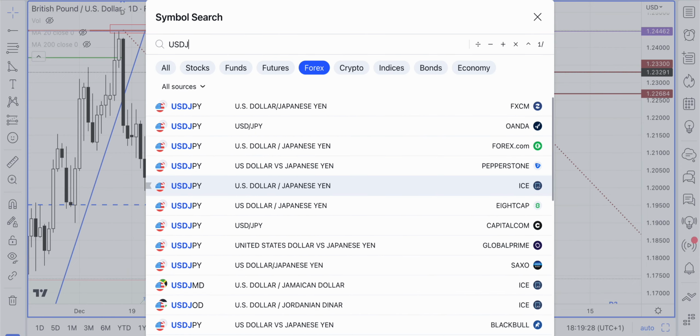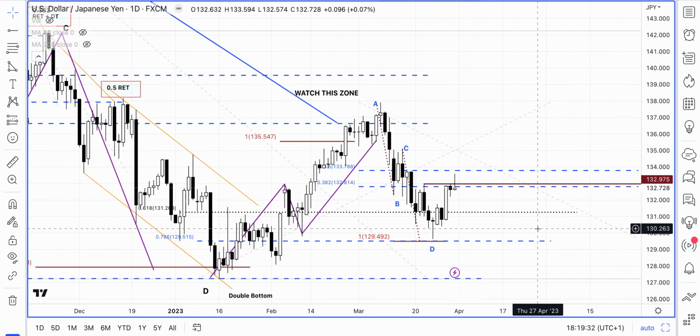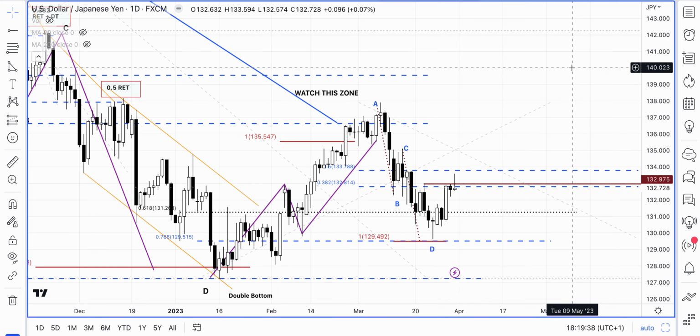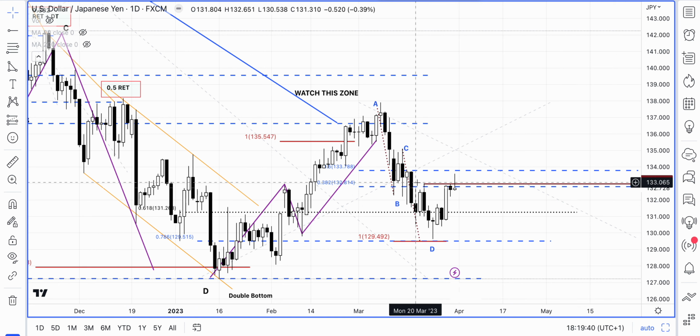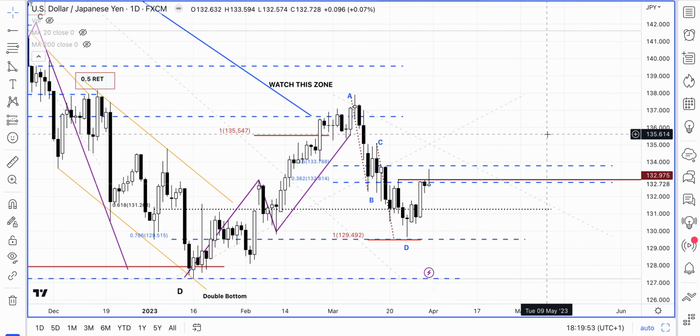Let's take a look at USDJPY. So this is the pair which actually moved higher as we were discussing in our video last week. Now, one of the things about this currency pair is that when it faces resistance, it is either at a 38.2% or 50% retracement of the previous swing, and this is exactly what it seems to have done.